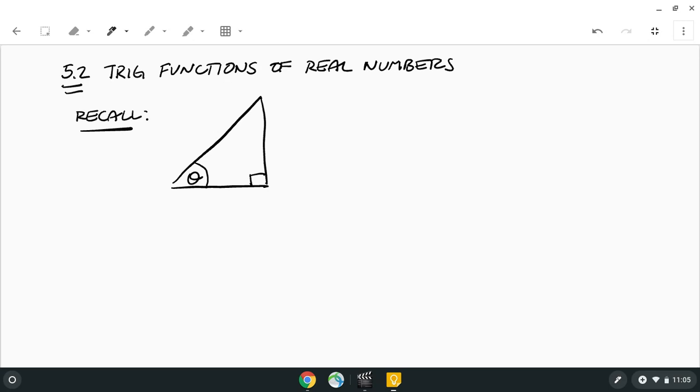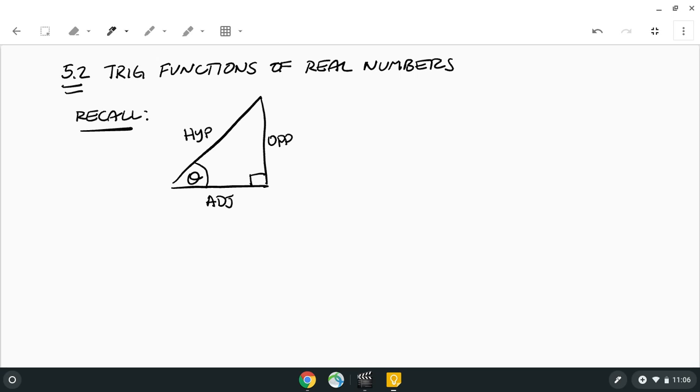In relation to theta here, we have our hypotenuse. And in relation to theta, this leg over here would be the opposite leg, and this leg down here would be the adjacent leg.